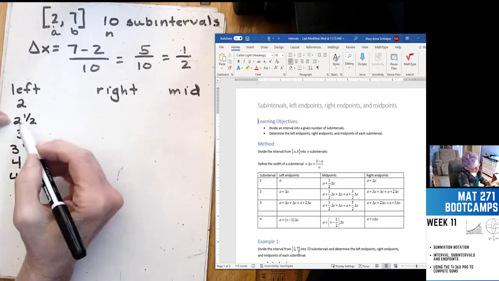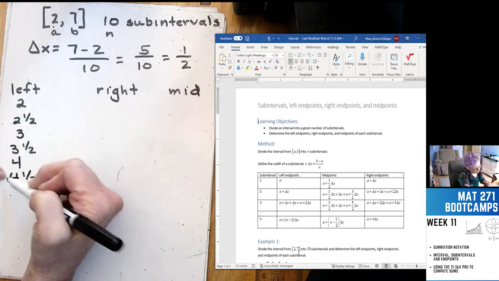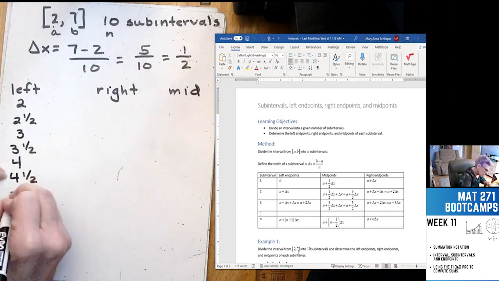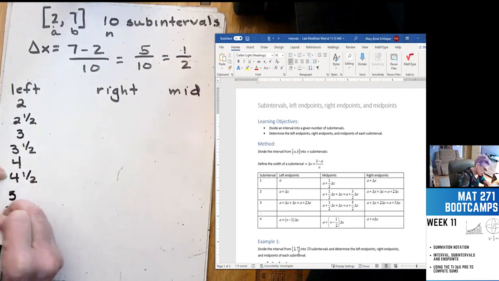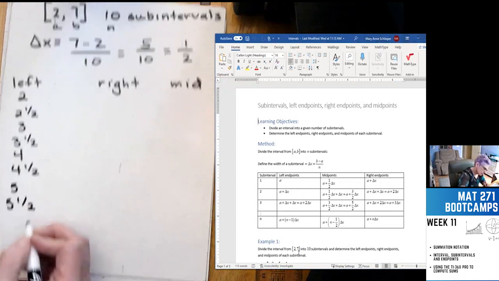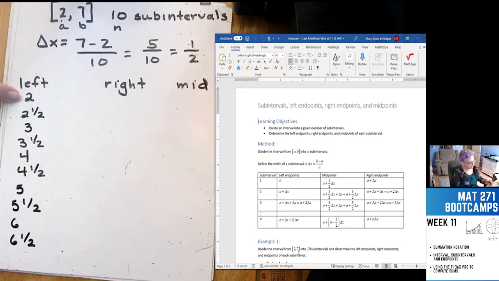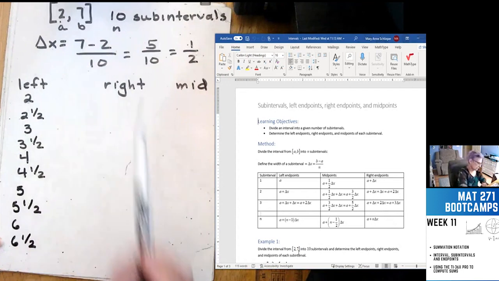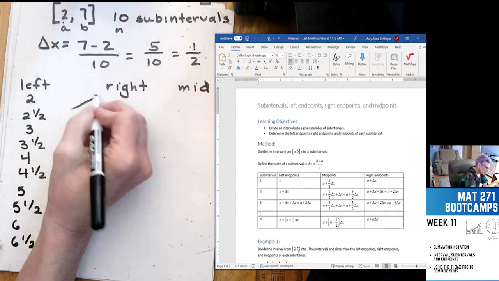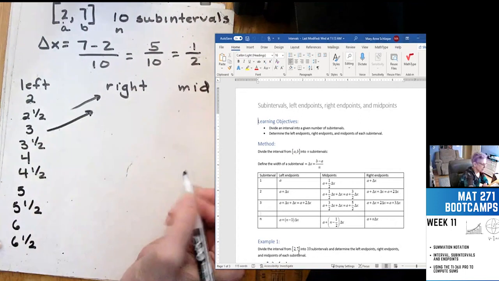And I do this 1, 2, 3, 4, 5, 6, 7, 8. So here's my first left endpoint, and I have my 10 left endpoints, and I'm delta x away from B. My right endpoints, they just kind of shift up one.